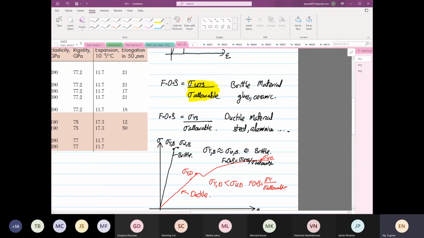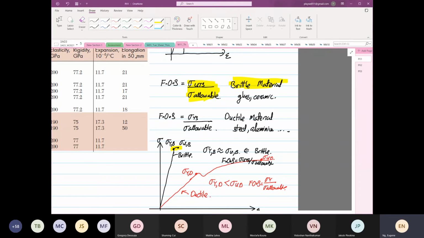And this is true only if we are dealing with what? Brittle material. Why brittle material? Because in brittle material, if you look at the yield and the ultimate, there's not a lot of difference. So it is very similar.